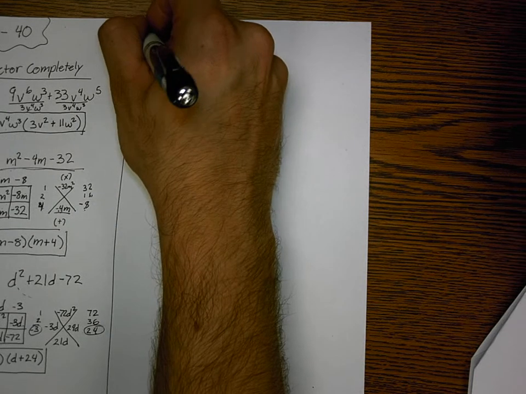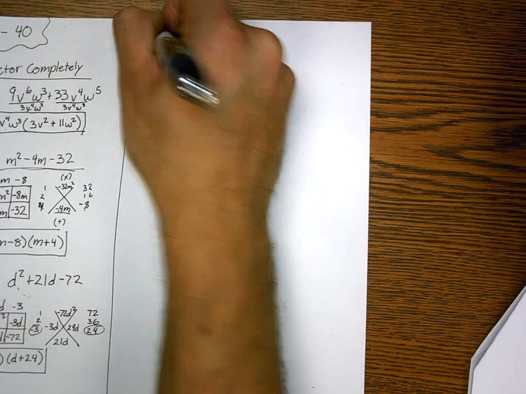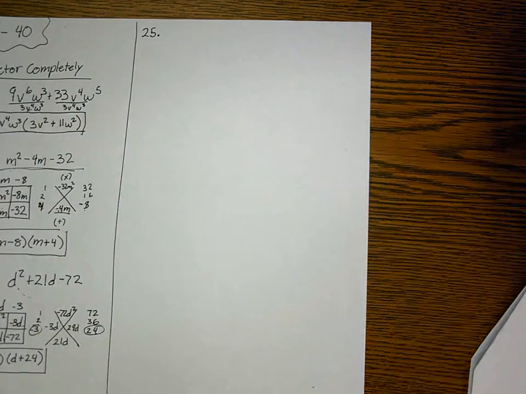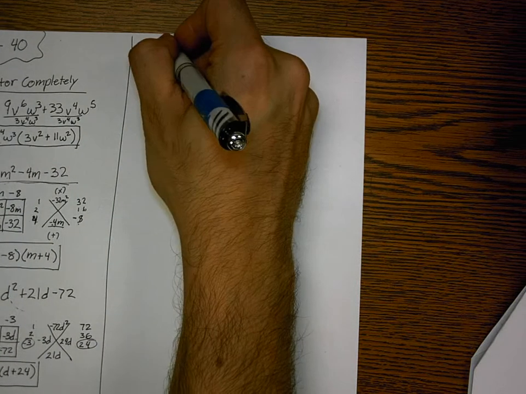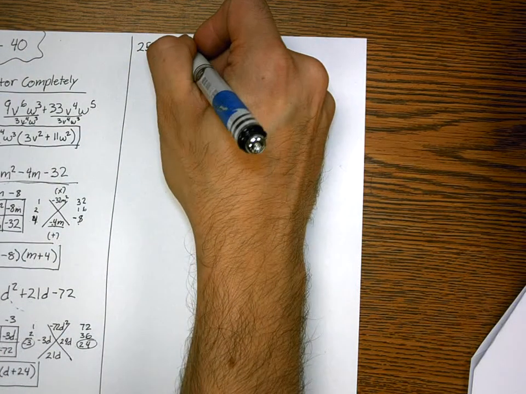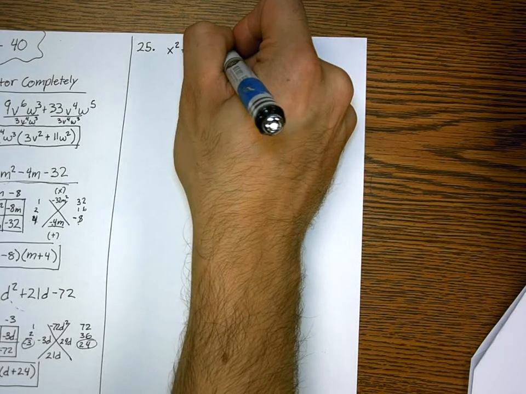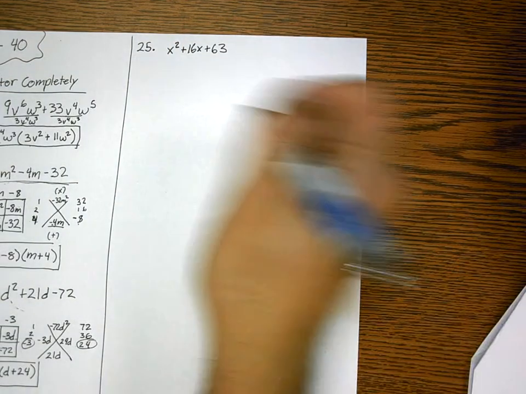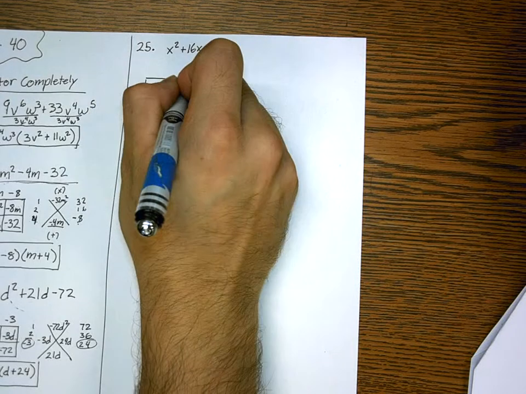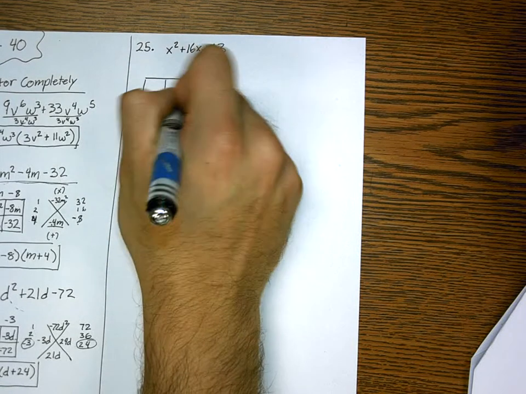So 25, we have x squared plus 16x plus 63. I set up my area model.